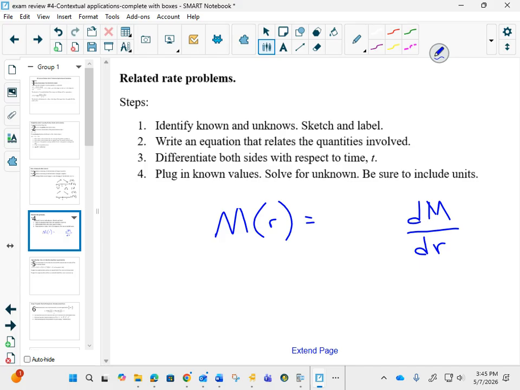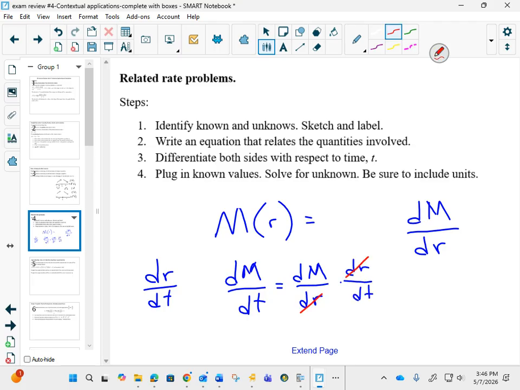And sometimes they'll tell you something else like, oh, we'll tell you what dr/dt is. Can you find dM/dt? And you're really confused because you don't have an equation with M and t in it. Okay? But we can put these things together and say, well, dM/dt will just be dM/dr times dr/dt, because technically it's like these cancel out and they're the same thing. But sometimes in related rates, you can put things together that way and solve equations that you might not have known. Okay.